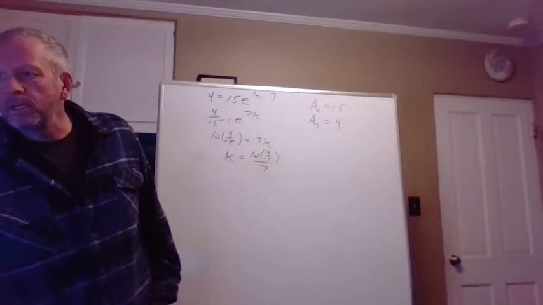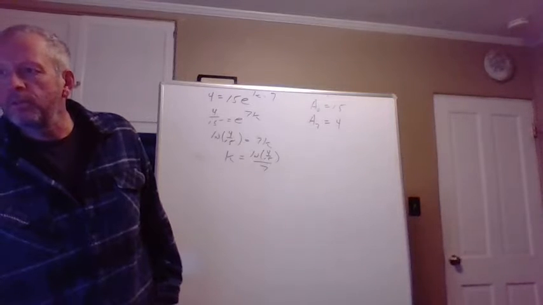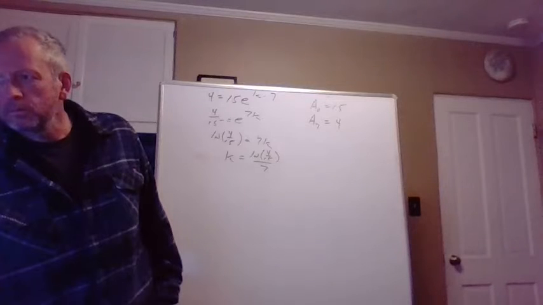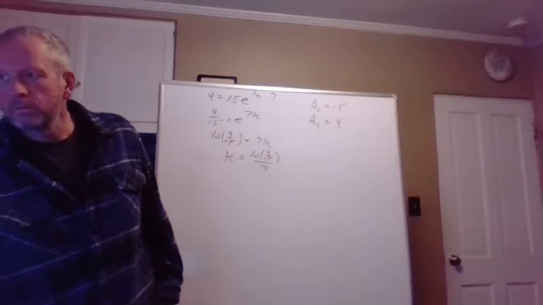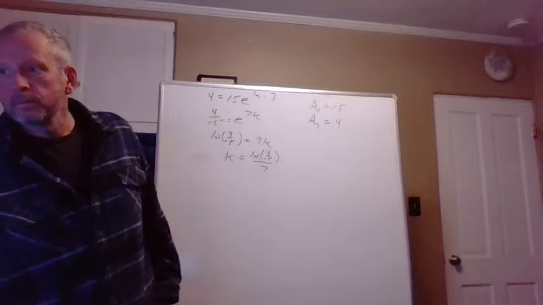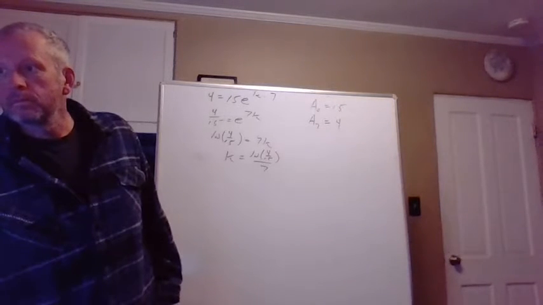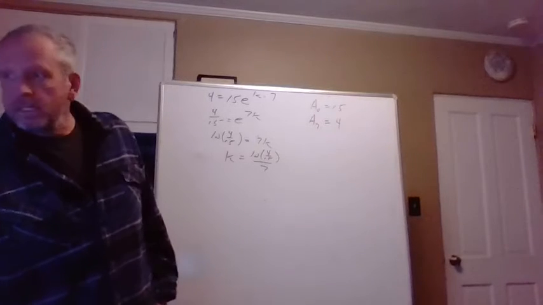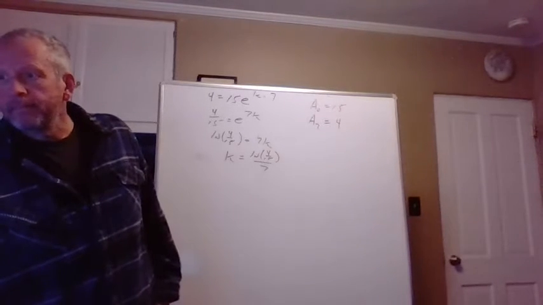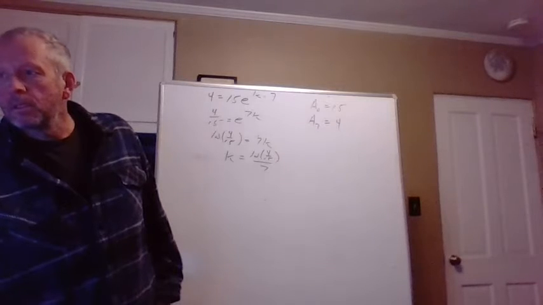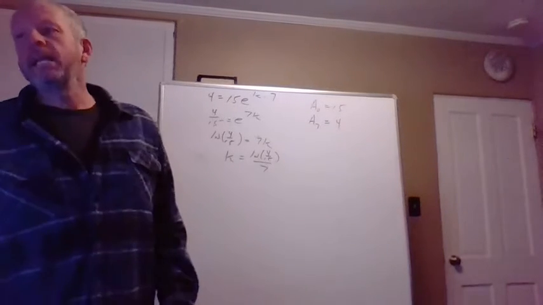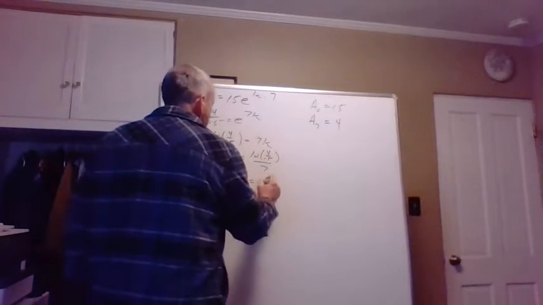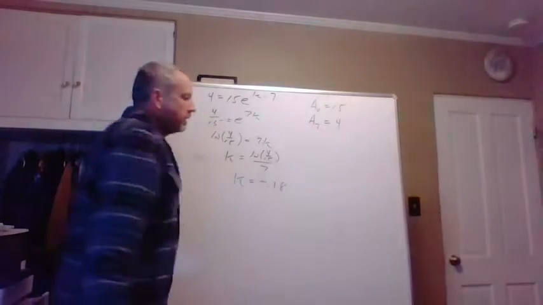Bear with me while I do this. Okay, so negative 0.18. So K for this particular drug is negative 0.18.